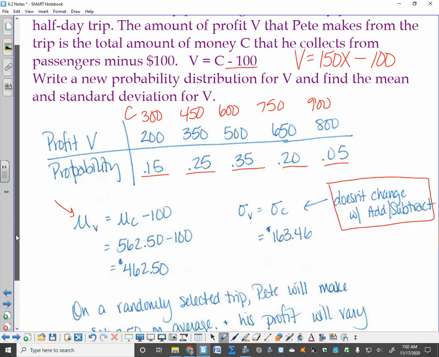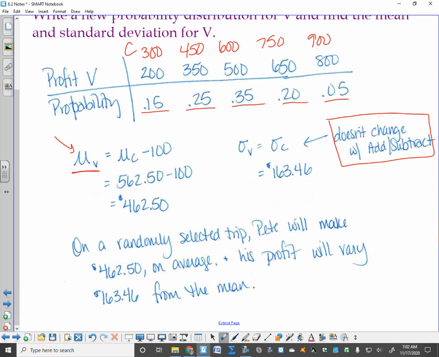So notice the correct notation. This is mu sub V equals mu sub C minus 100. There's my mu sub C minus 100. There's my total for my, what does V stand for? Profit. Now sigma sub V is going to equal straight up sigma sub C. It does not change with addition and subtraction.